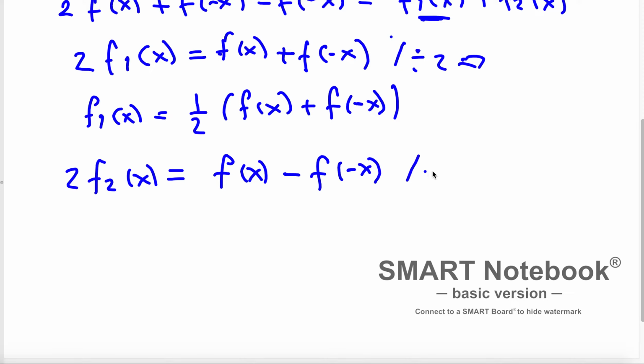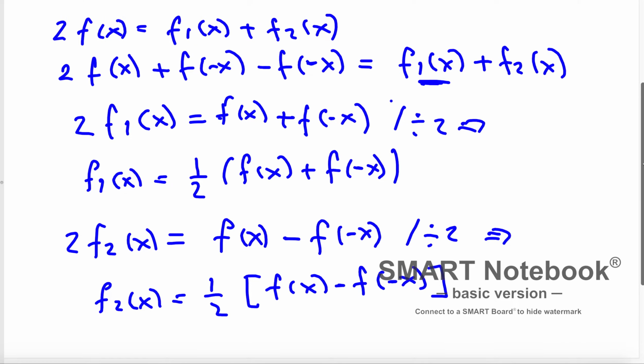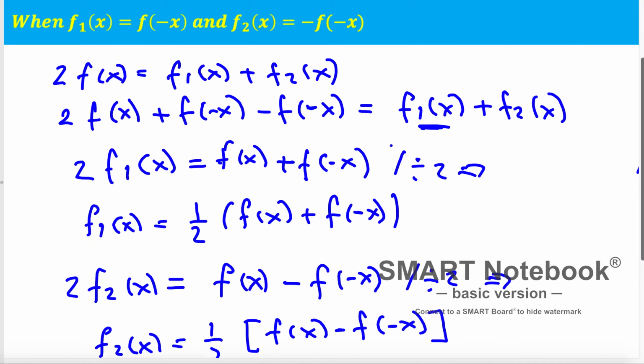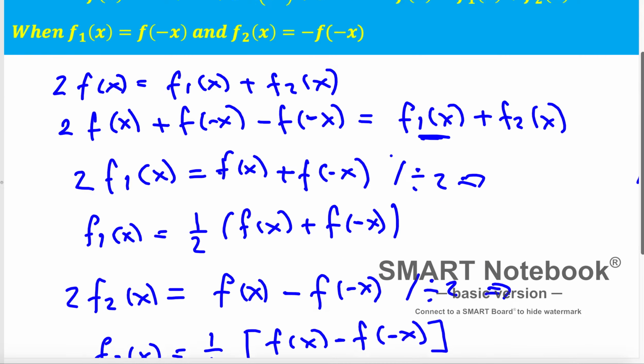And in the same way, we are dividing by 2, then this implies f2 of x is going to be equal with 1 over 2, f of x minus f of minus x. That's what we get. But now instead of f of x, we can substitute the expression what is given here, and then we can figure out what is f sub 2 of x.